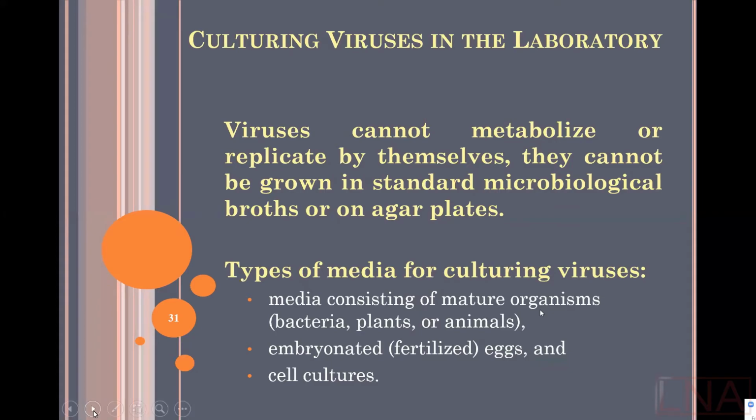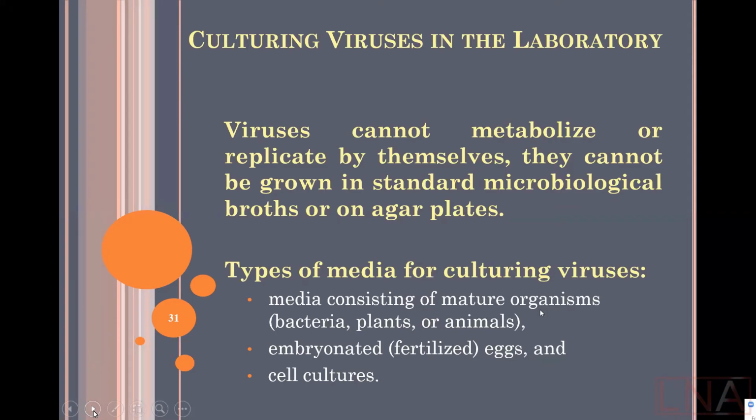First of all, to talk about lab diagnosis, we have to talk about cultivation. Viruses can't be cultivated on artificial media, so they need live cells. How do we make comfortable conditions for viral cultivation?